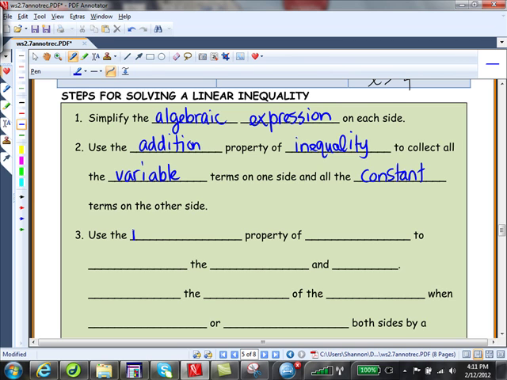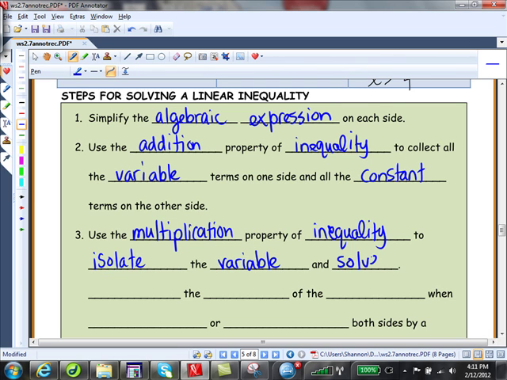Use the multiplication property of inequality to isolate the variable and solve.